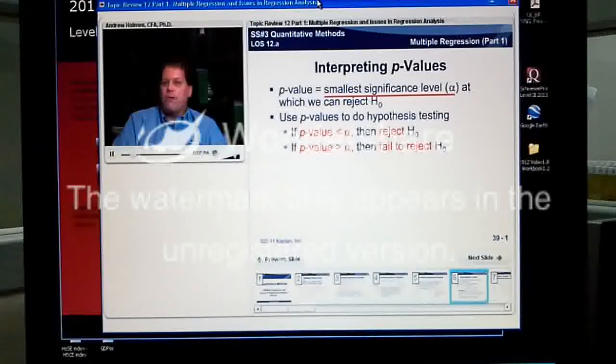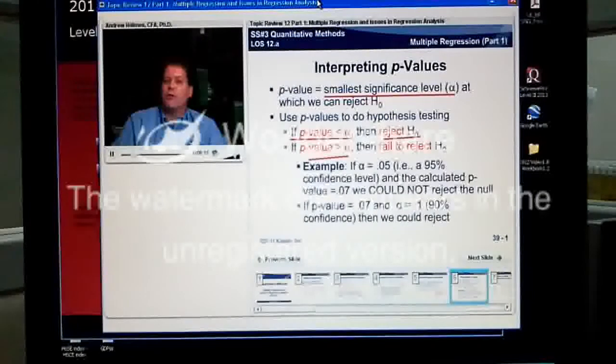If the p-value itself is less than alpha, so if we're at a 95% confidence level, we're using a 5% alpha, so 95 and 5 equals 100, right? 95% confidence level, 5% alpha. If the p-value is less than alpha, then we can reject H0. If the p-value is greater than alpha, then we fail to reject H0. So think of it like this. We're testing an environment where we need 95% confidence, so we're using a 5% alpha.